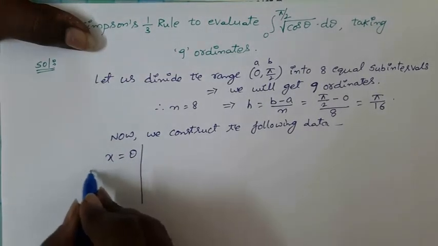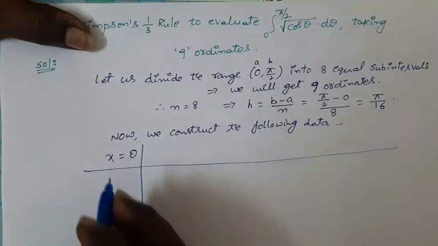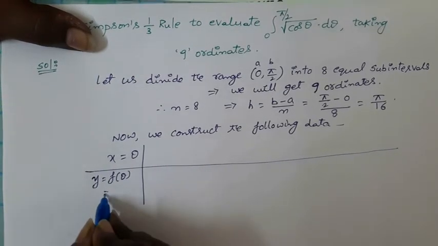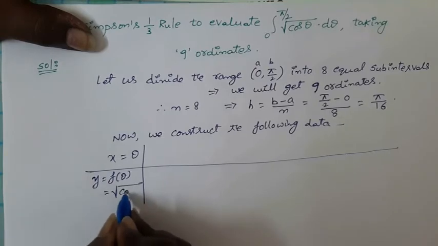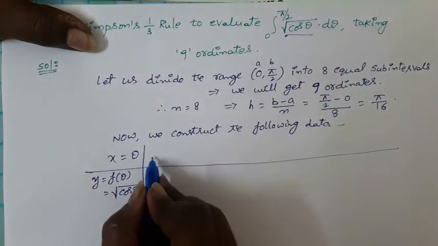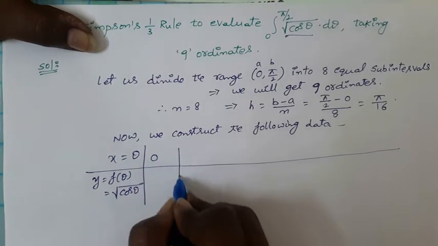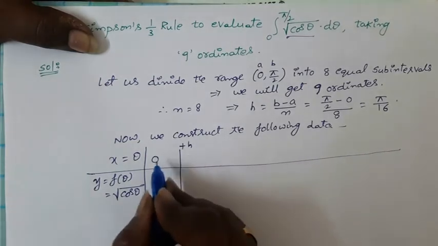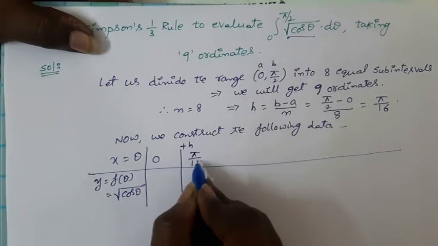So you can take x equal to theta and y equal to a function of theta, so it is root over cos theta, the given integrand function. Start with lower limit 0 and every time you should add h, which is pi by 16. 0 plus pi by 16 is pi by 16.